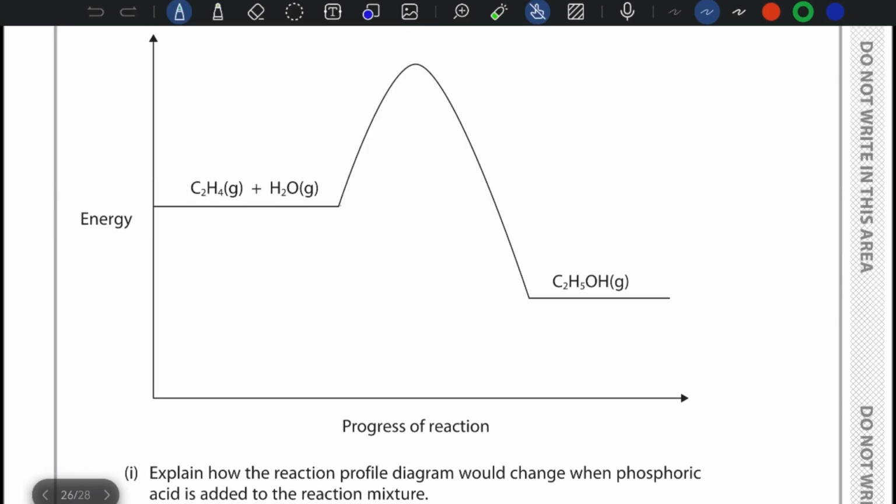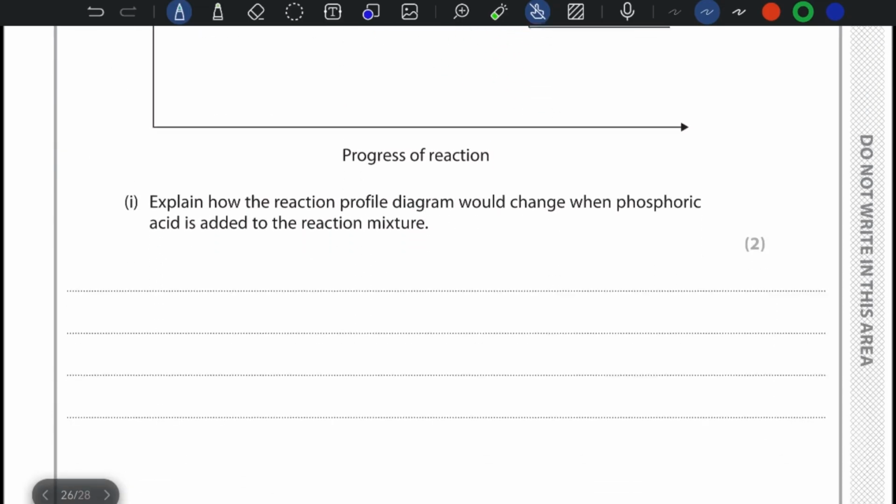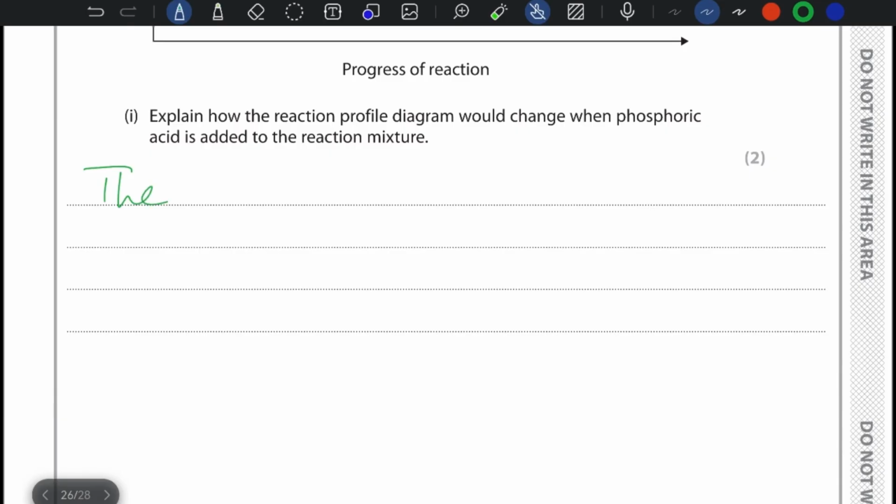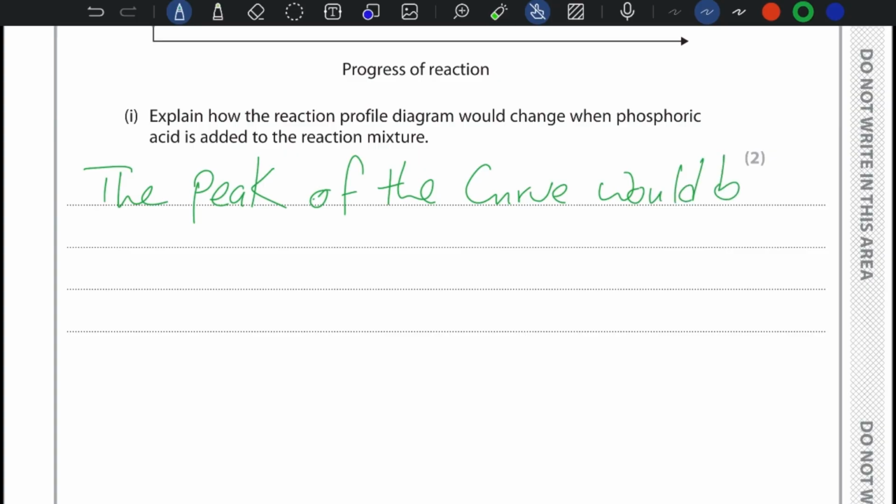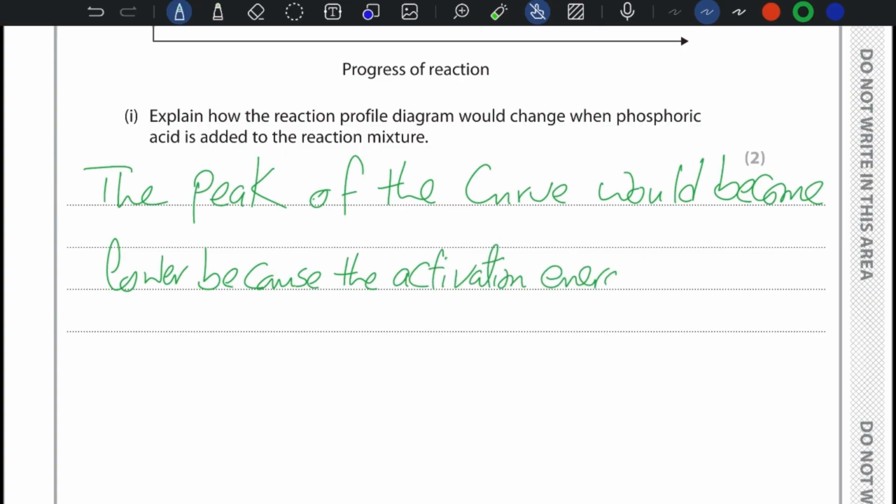As you can see, if you add a catalyst, the peak of the curve would become lower because the activation energy is decreased. Lower activation energy. That is the role of a catalyst.